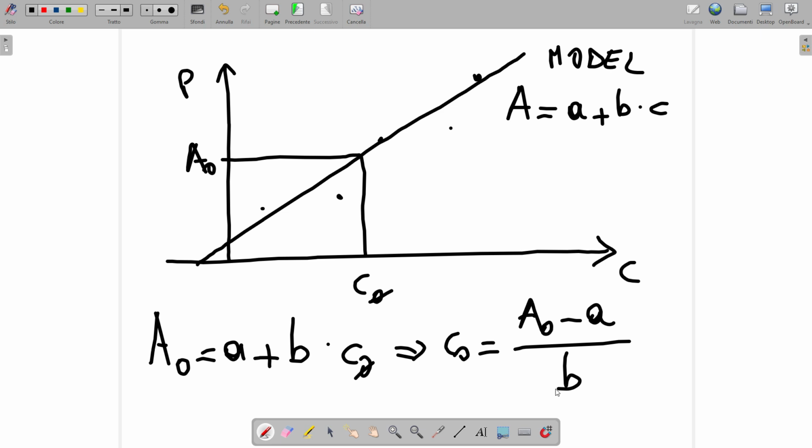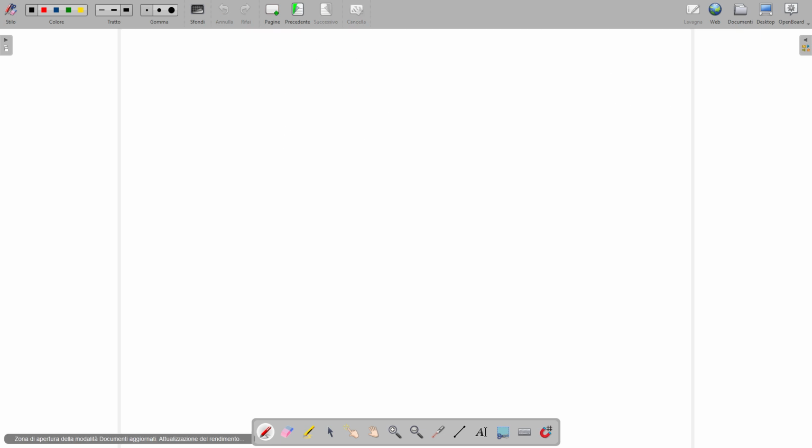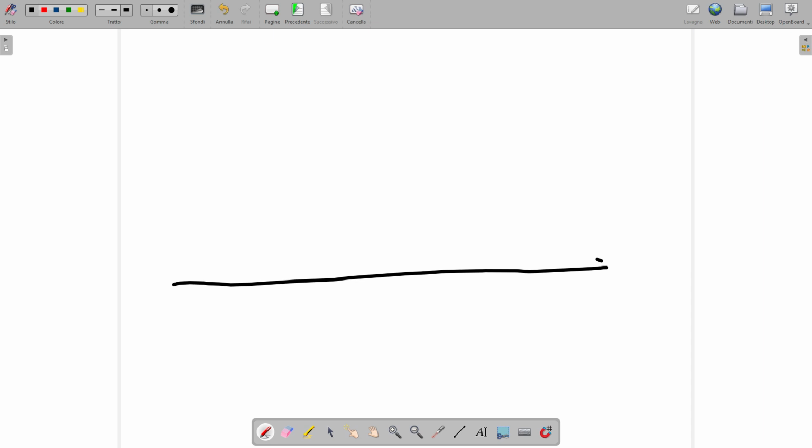So imagine that you can repeat the same experience in the same conditions infinite times, and then you can plot all the possible obtained values for C0 and plot the probability as a function of those values.